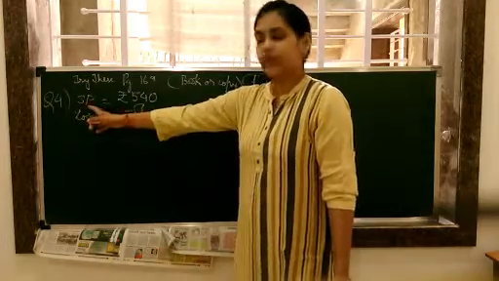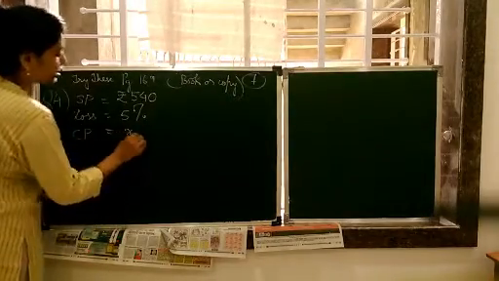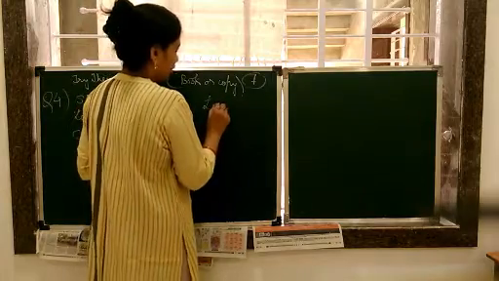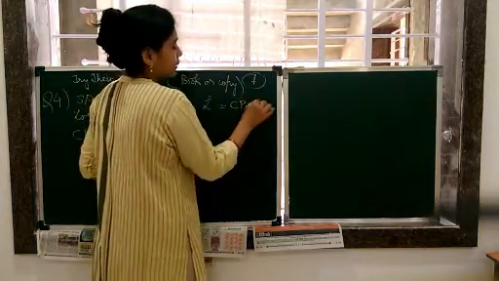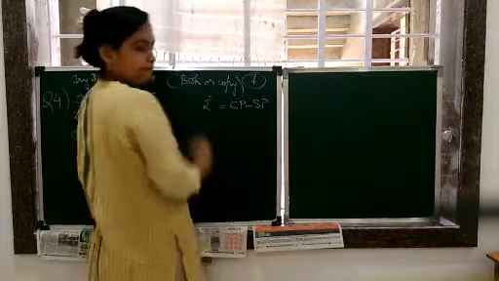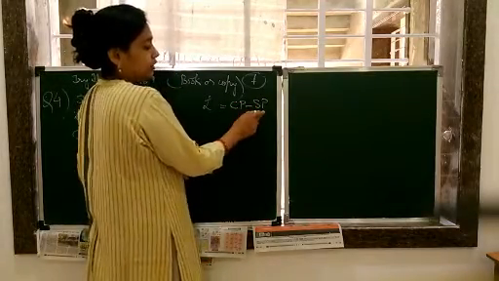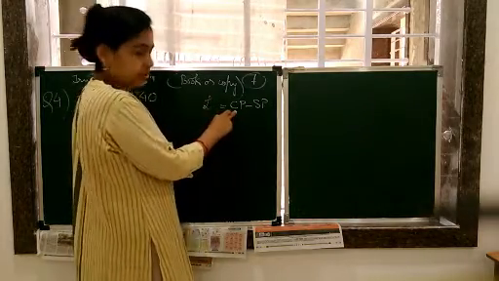So SP is given, loss percent is given, and it is asked to find the CP. Now we don't know the CP, so we assume it as X. Now when loss is given, it is CP minus SP. Now we know the SP, we don't know the loss, we don't know the CP.